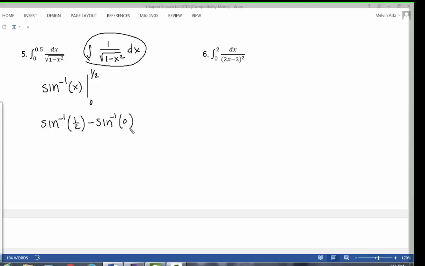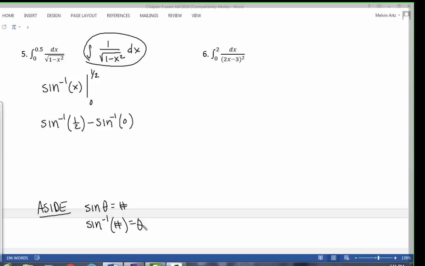And the way to think about the sine inverse of 1/2 is, let me do a little aside here. If we have the sine of an angle equals some number, if we look at the sine inverse, we're looking at the sine inverse of a number that equals an angle.